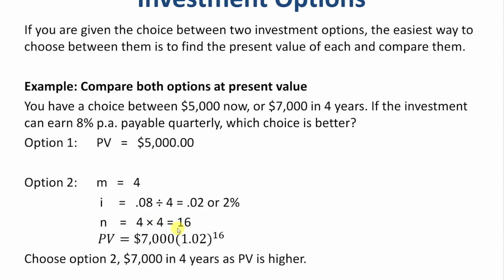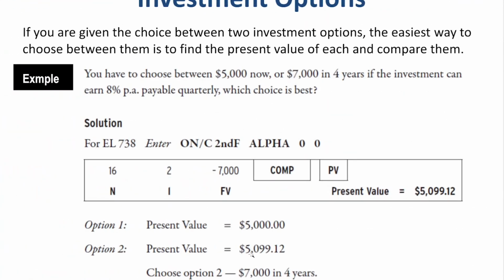There should be a divide here. Something's wrong with the slides. Okay, so next page. But the answer is your present value is $5,099 today. So apple to apple, you would choose option 2.